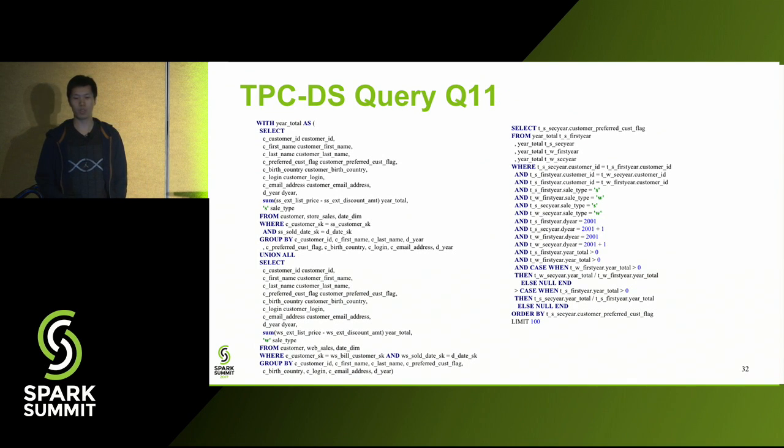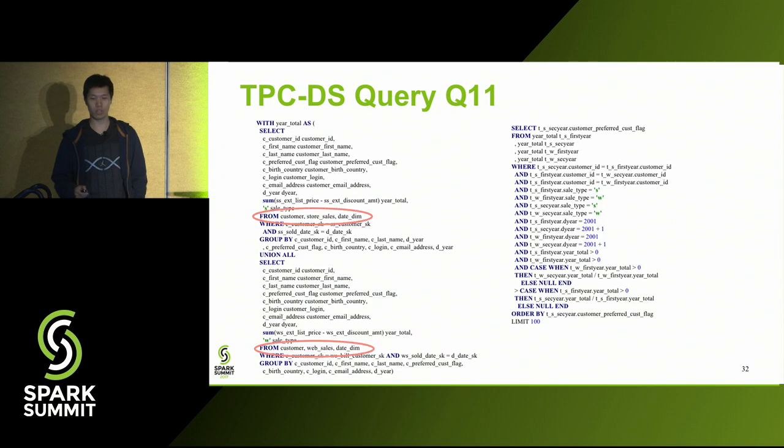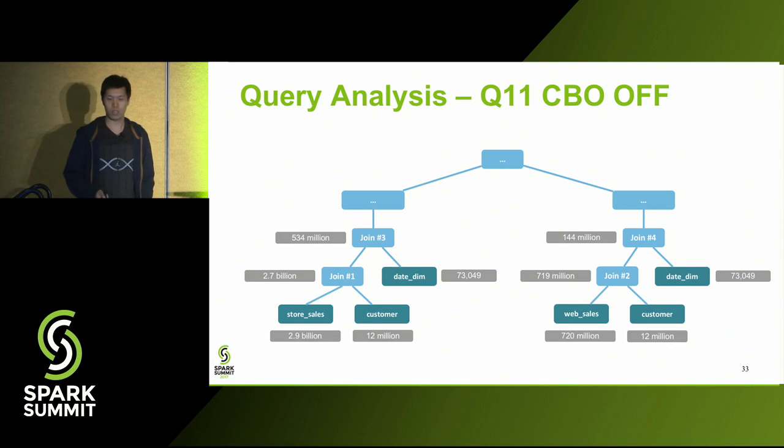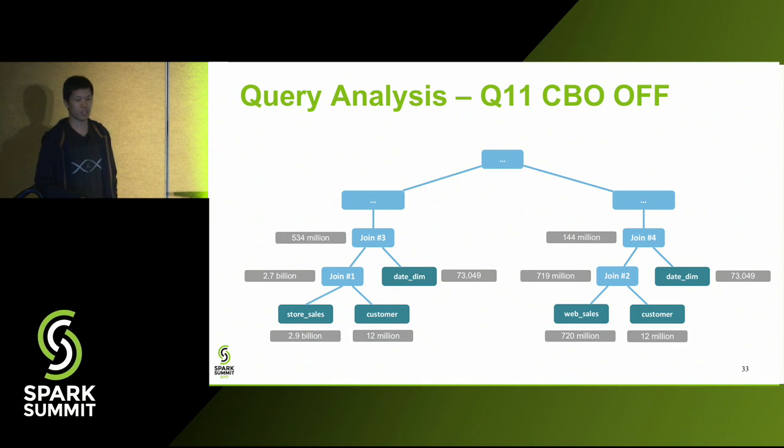As the first example, let's revisit our 3-table join example from the beginning, which is extracted from query 11. This query looks huge, but we only need to focus on these two 3-way joins. This query performs these two 3-way joins and unions the two join results. Now the plan without CBO looks like this.